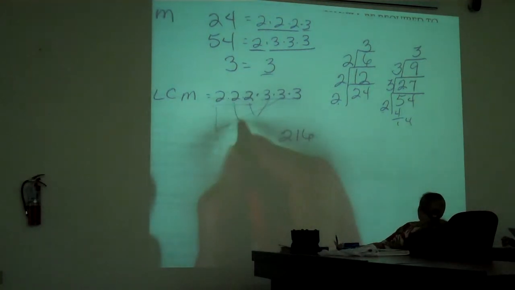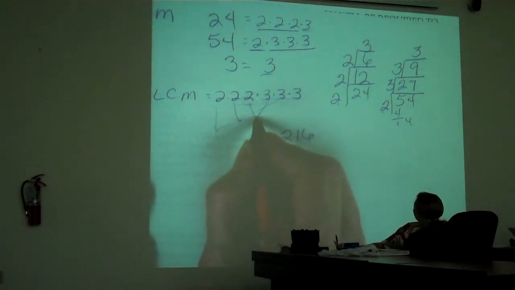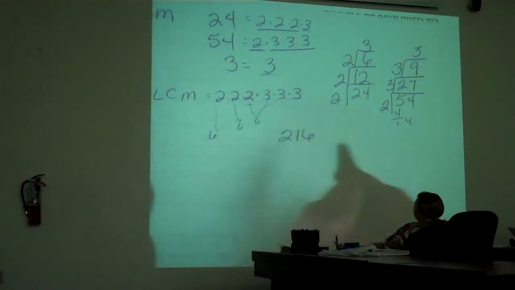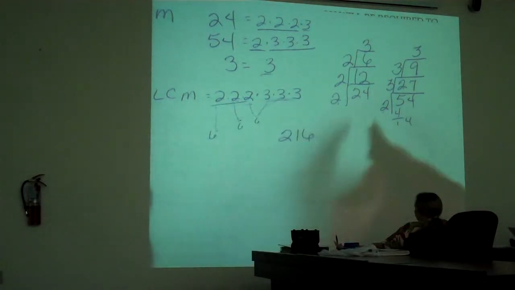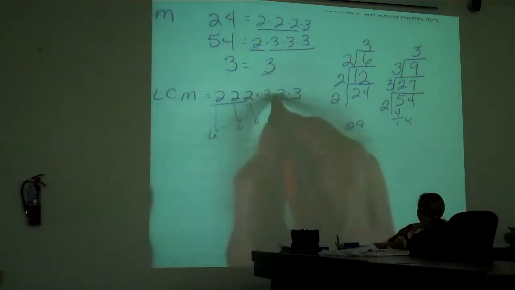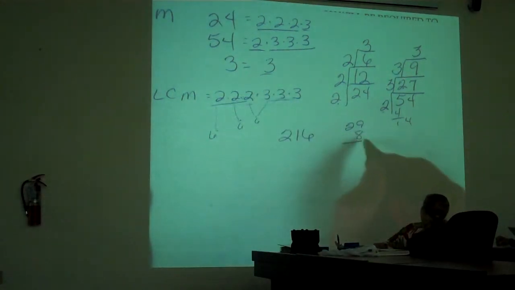6 times 6 is 36. 36 times 6 is 216. Or do 27 times 9. I mean 27 times 8. 8 times 9, that doesn't come out.